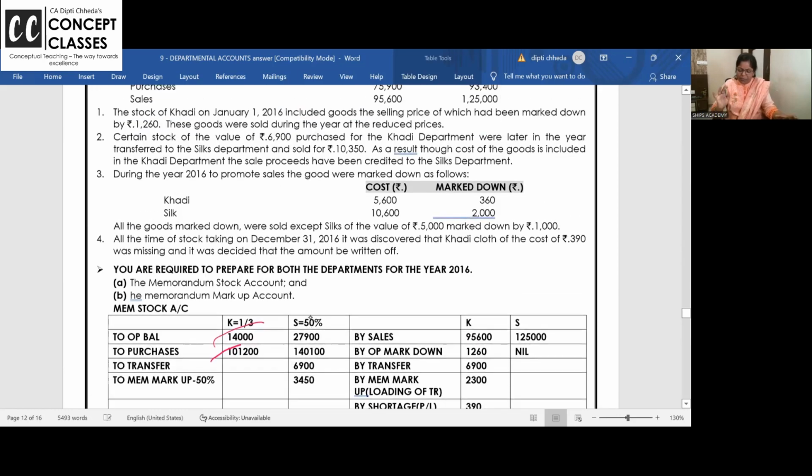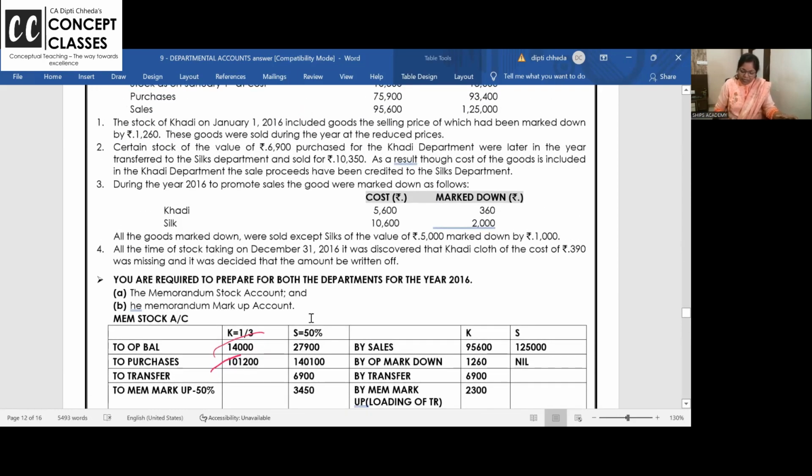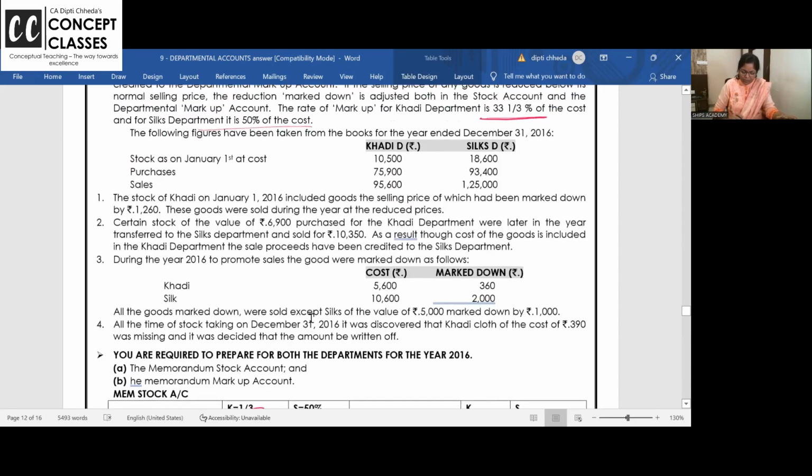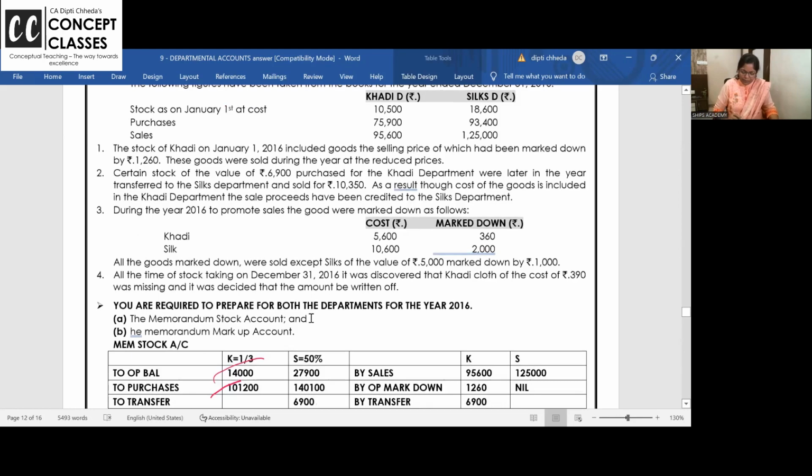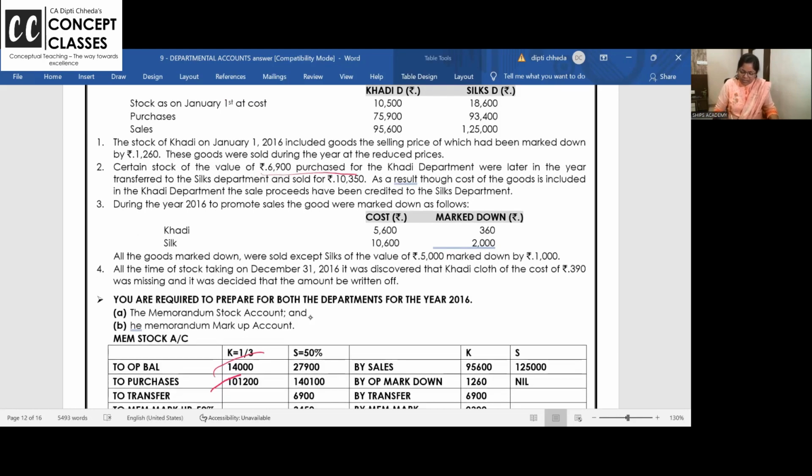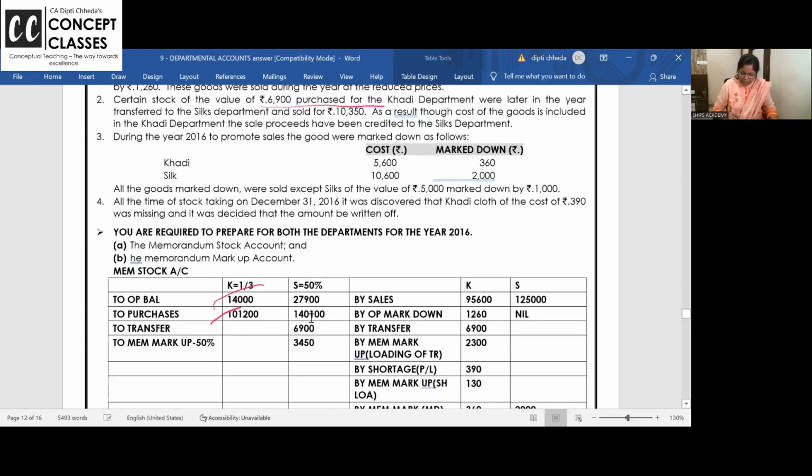वैसे ही same problem. Where you have to remember inter transfers. I will share that also. Stock of khadi includes markdown. So markdown in opening stock you can write on credit side or minus in the markup only. Certain stock of 6,900 purchased by khadi were sold by silk.